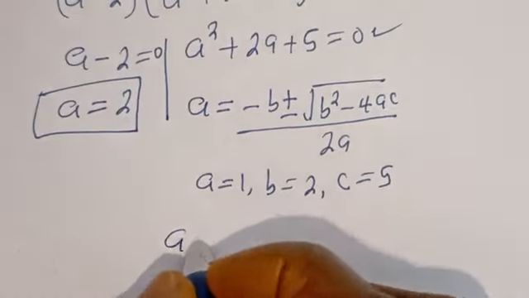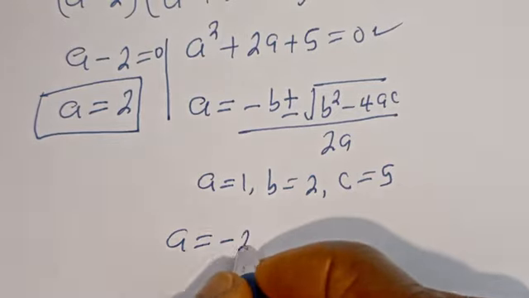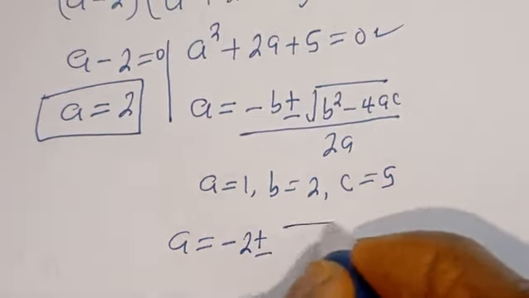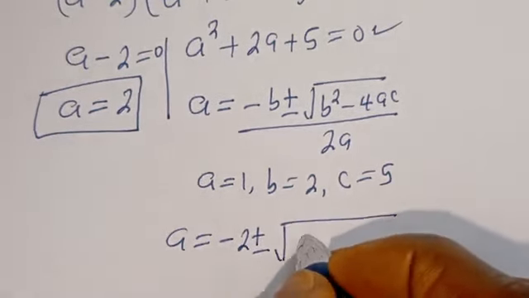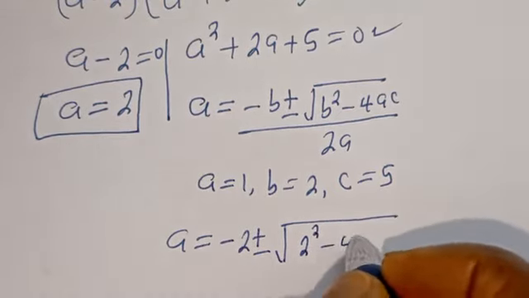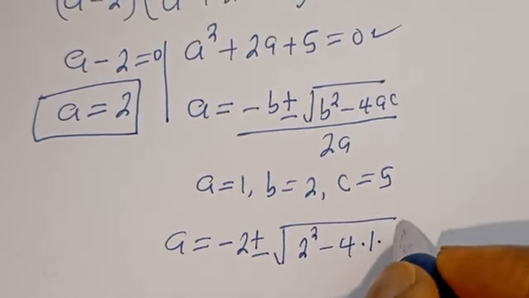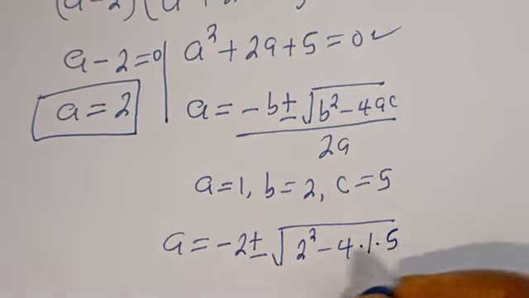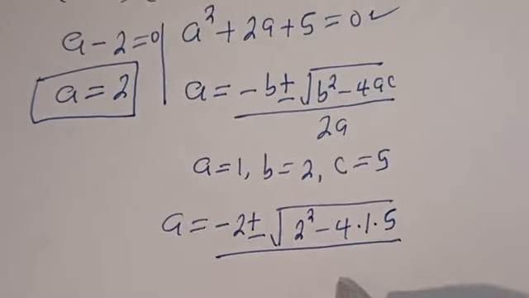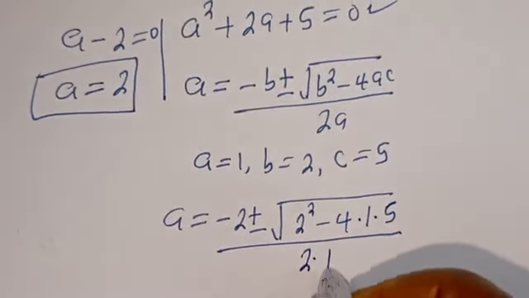Then a is equal to minus 2 plus or minus square root of 2 square minus 4 multiplied by 1 multiplied by c is 5, divided by 2 multiplied by 1.